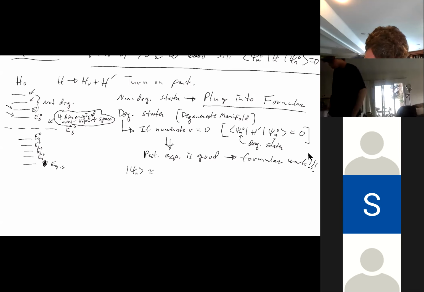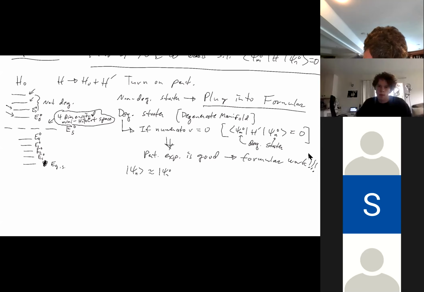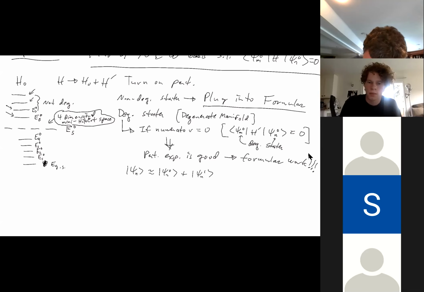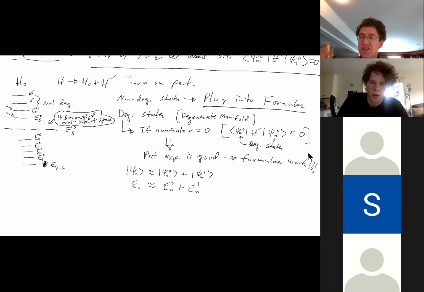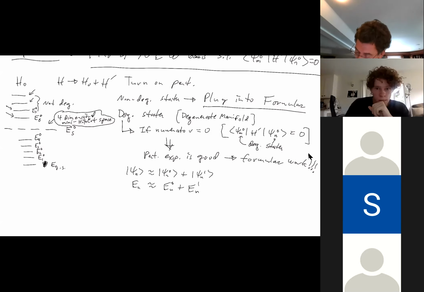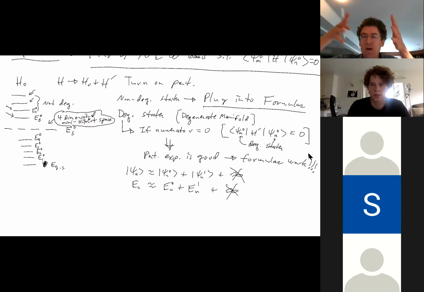Psi n is approximately equal to psi n naught plus psi n1, and En is approximately equal to En naught plus En1. Let's just go to the first order. All right. And so you're good. You plug in and everything's good, and you don't have to worry about these infinities. There are no infinities. Okay? Because look, you can't just ignore infinities.